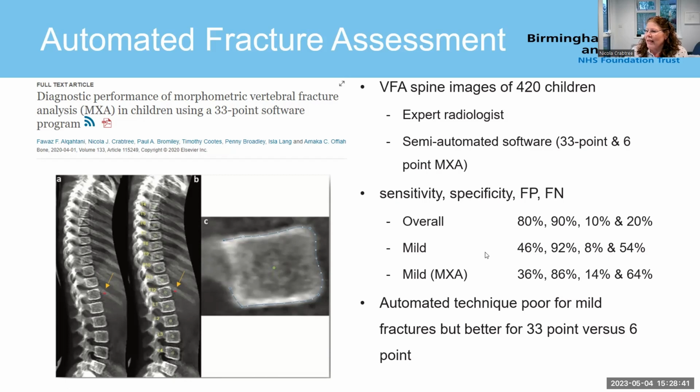And if that was separated out into the mild fractures identified by the 33-point analysis and by the 6-point analysis, we can see that the 33-point analysis is slightly better than the 6-point analysis, but it's still pretty poor at identifying those mild vertebral fractures. So whether we use an expert paediatric radiologist, or automated or semi-automated techniques, identifying those mild vertebral fractures is still very challenging.